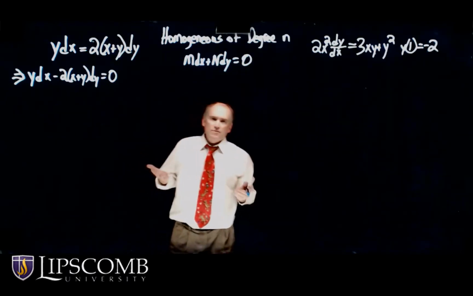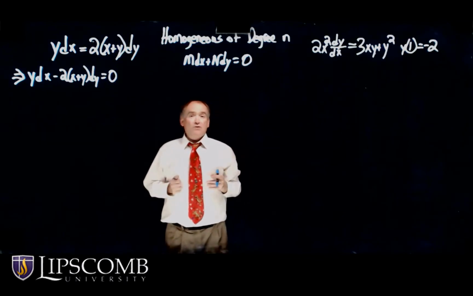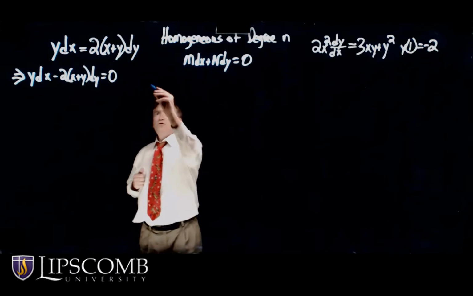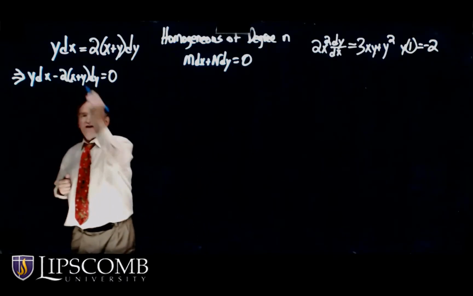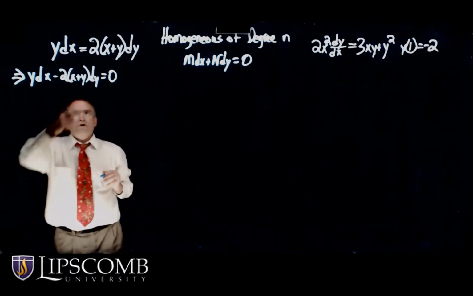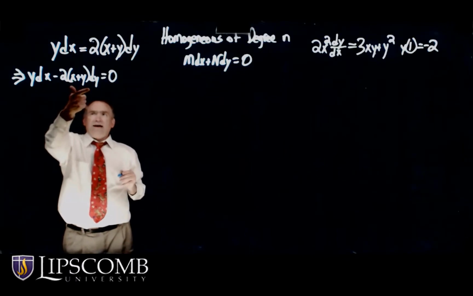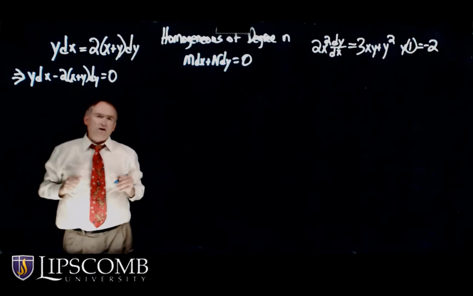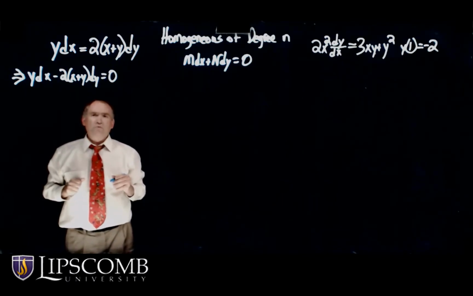So you just need to make sure the M and the N are homogeneous of the same degree. Well, in this case, y is obviously homogeneous of degree 1, and I can put in a lambda and factor a lambda out, so N is also homogeneous of degree 1.